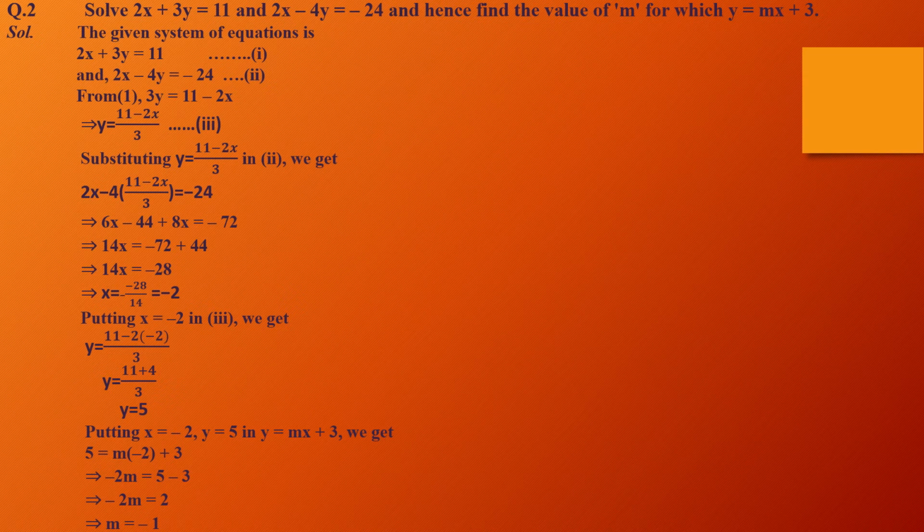Now substituting this value of y in equation number 2, equation number 2 becomes 2x minus 4 multiplied by (11 minus 2x upon 3) equals minus 24. On solving we get 6x minus 44 plus 8x equals minus 72.